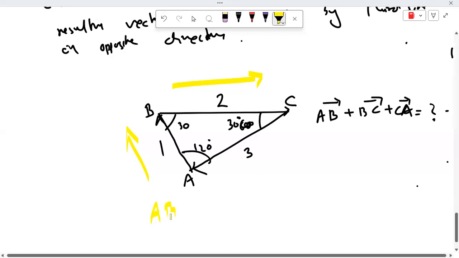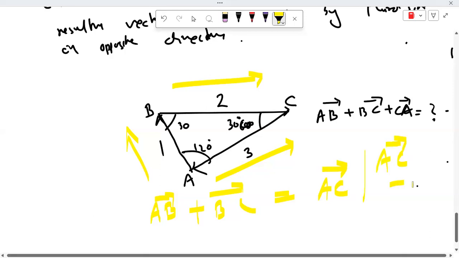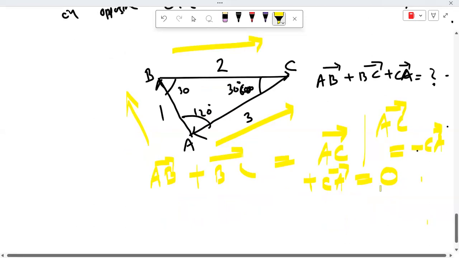That means AB plus BC will be equal to the third side in the opposite direction, which is AC. Now we can see that AC is negative of CA. So if you add AC plus CA, it will be 0. Yes or no? Yes, sir.